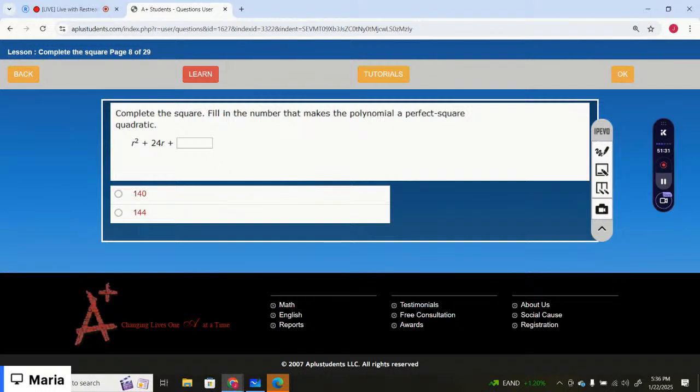Complete the square. R square plus 24r plus missing number. So which is the missing number? That is 144. Option number 2 is the correct option.